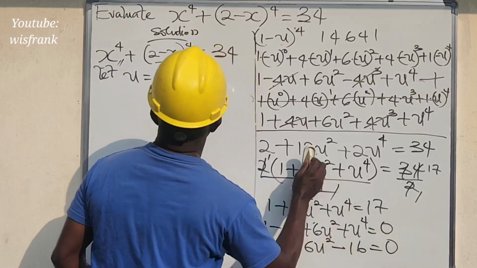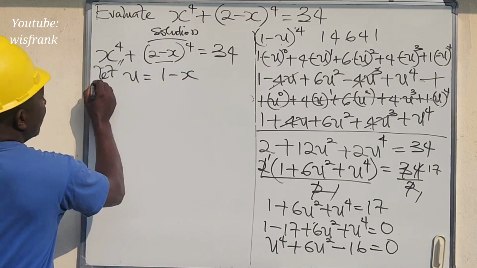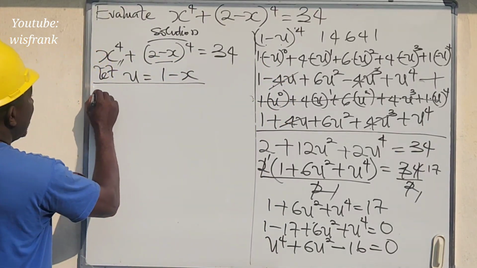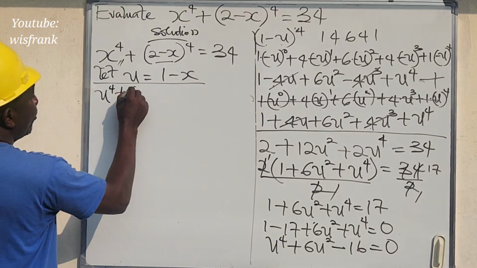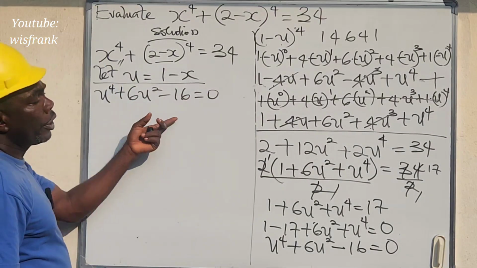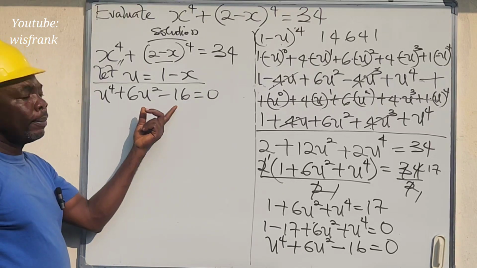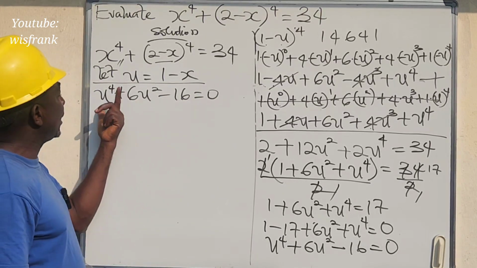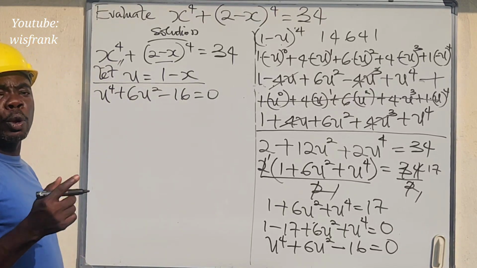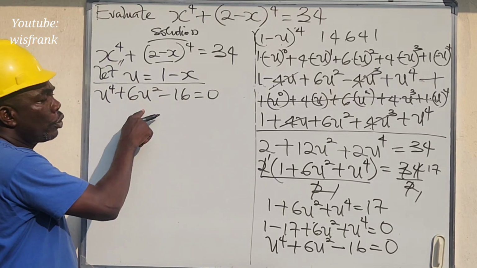So here we clean this, we still have our u equals 1 minus x. So here will be u to the power of 4 plus 6u to the power of 2 minus 16 equals 0. What we are going to do is multiply minus 16 times u to the power of 4, for us to have the factors that, when we add or subtract, will give us 6u to the power of 2.